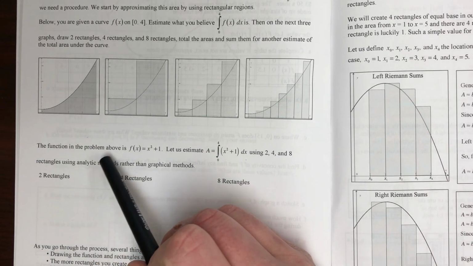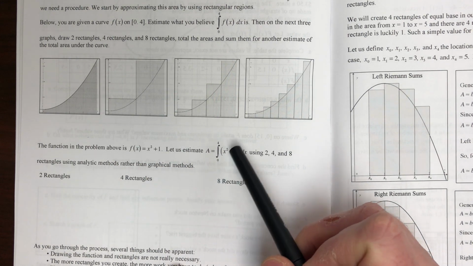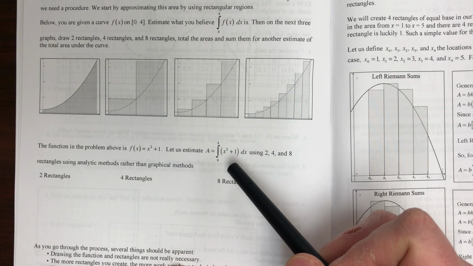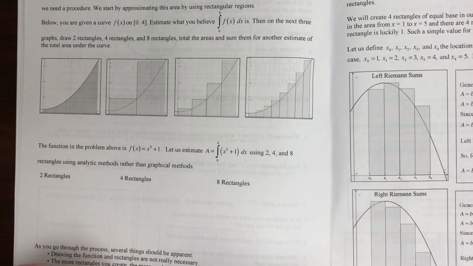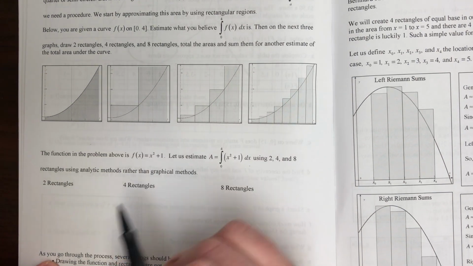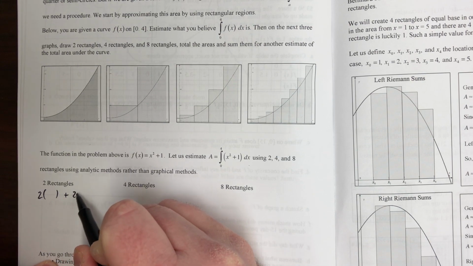So the function in the problem above is x squared plus 1. Let's estimate the area from 0 to 4 using 2, 4, and 8 rectangles. So it looks like here are 2 different rectangles. We've got a base of 2, so I can say 2 plus 2.